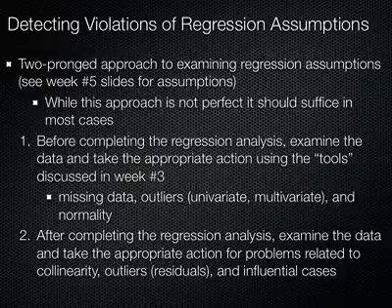And if you have cases that are univariate outliers or that are determined to be multivariate outliers here, if you leave them in the data set, in all likelihood they're going to come up again when you do the residual outlier analysis or the influential case analysis. So in some cases, fixing it here will save you from having to deal with it again here. But if you decide not to fix it here, you're probably going to address it again or run up against it again when you do this analysis.